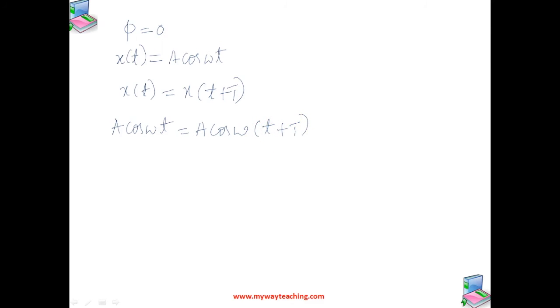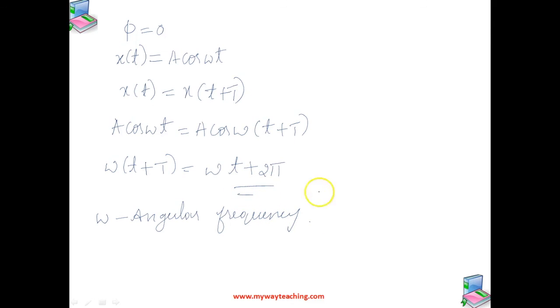Now the cosine function is periodic with period 2 pi. It first repeats itself when the argument changes by 2 pi. So omega t plus omega T is equal to omega t plus 2 pi. So this omega is nothing but angular frequency, and its SI unit is radians per second.